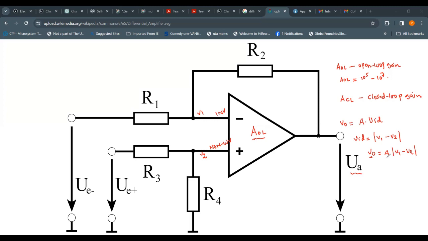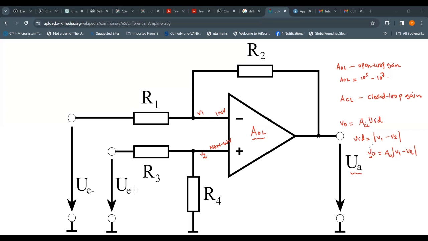Now, when you have negative feedback used in the circuit, then this gain is ACL. When you don't have a feedback, such as the case when you use the amplifier as a comparator, where the output is switched between the two saturated levels, as we've seen in earlier modules, refer back to those modules on the operational amplifier as a comparator if you are new to this channel.